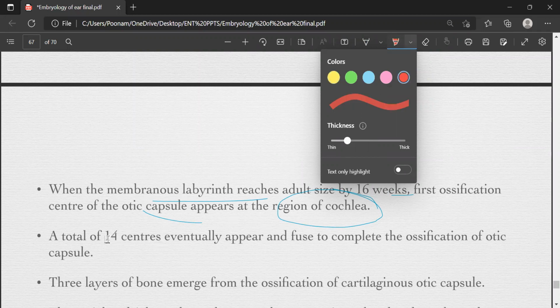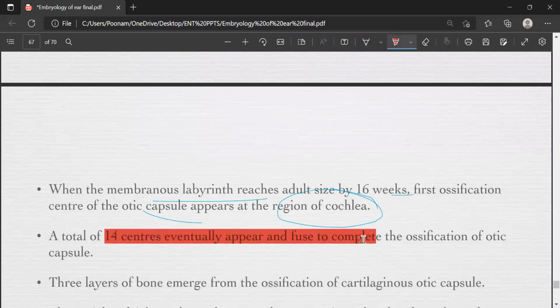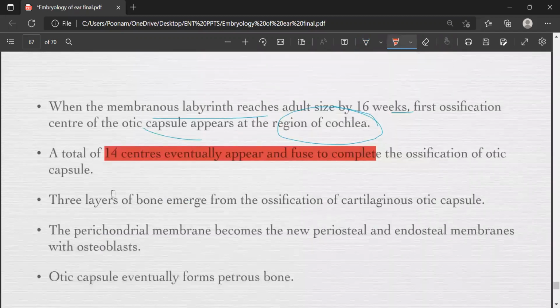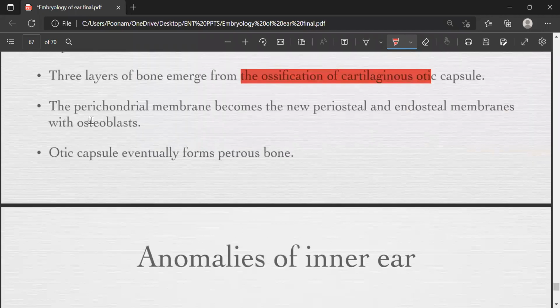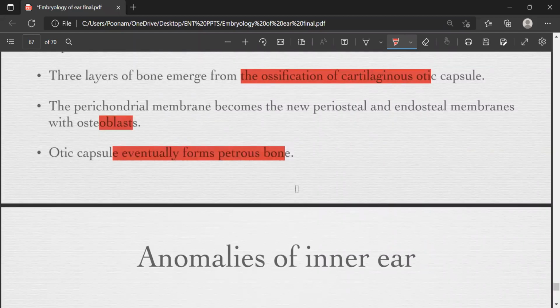A total of 14 centers eventually appear and fuse to complete the ossification of the otic capsule. Three layers of bone emerge from the ossification of the cartilaginous otic capsule. The perichondrial membrane becomes the new periosteal and endosteal membranes with osteoblasts. The otic capsule eventually forms the petrous bone.